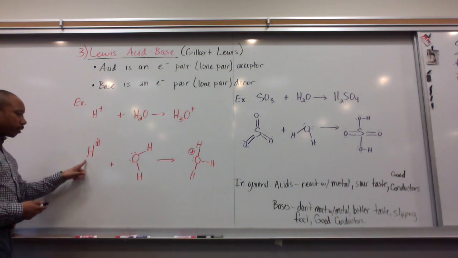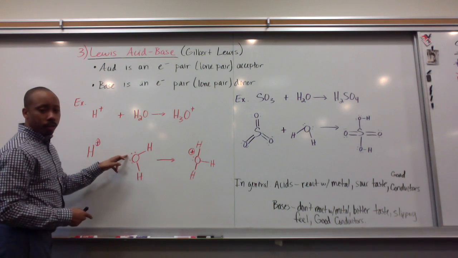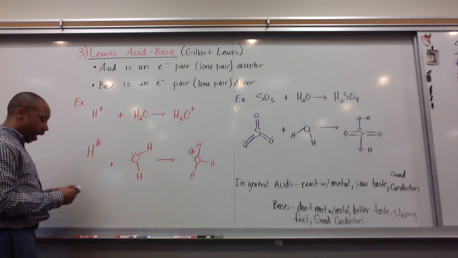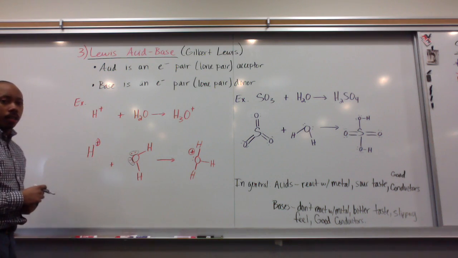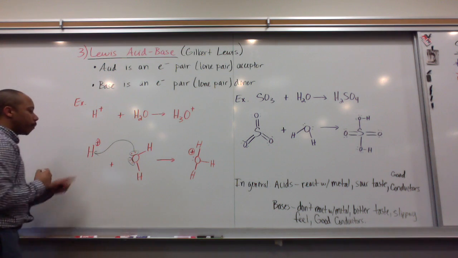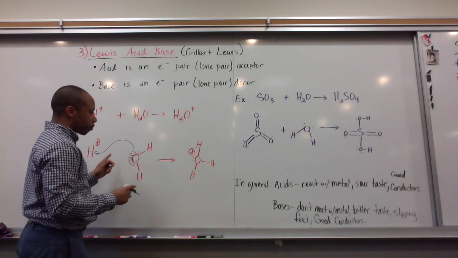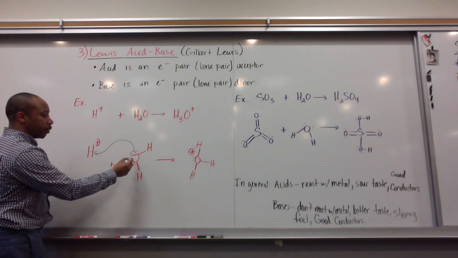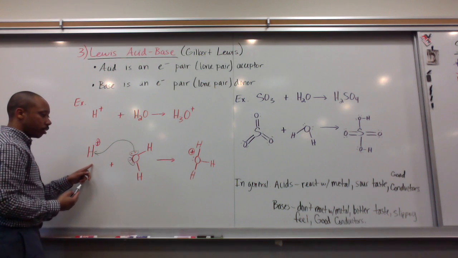Now let's look at this in Lewis structure form. So I have H+, and it's bonding with, or being added to, water. Now water has two lone pairs here. These lone pairs are going to reach out and grab this H+. When they do, you can think of it as them donating their lone pair electrons to this H+.